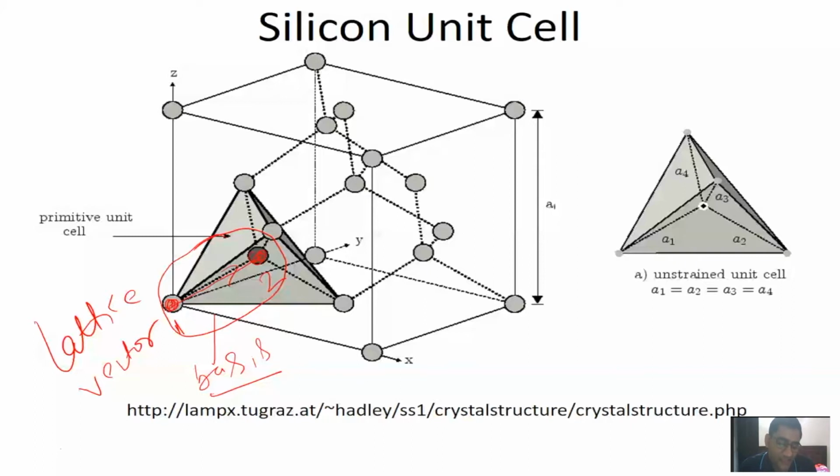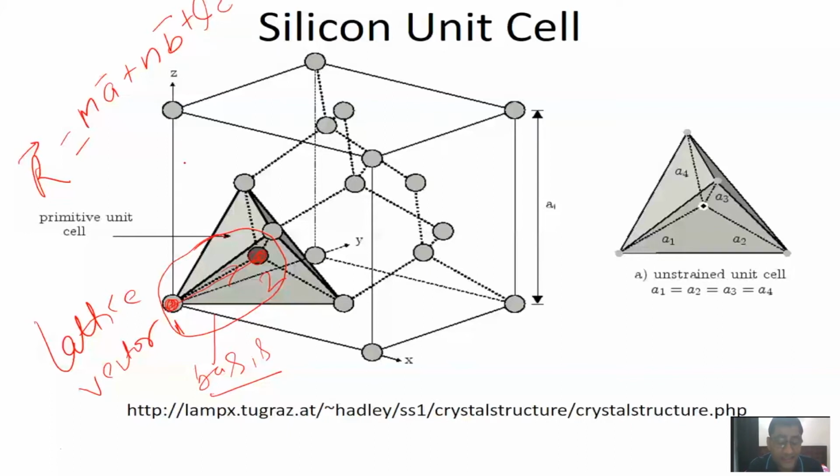such that when you translate from one lattice point, let's say the lattice vectors are A, B and C, you can get another lattice point by writing an integer multiple of these lattice vectors. So if the lattice vectors are A, B, C, then any other lattice point you can obtain at position vector m times A plus n times B plus l times C, where m, n and l are integers.